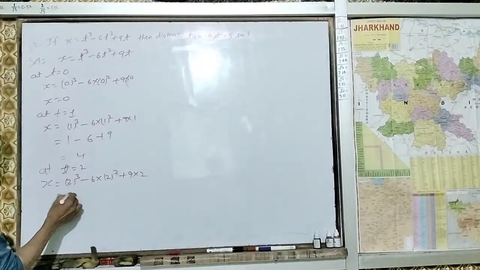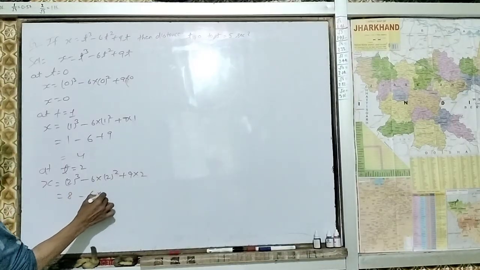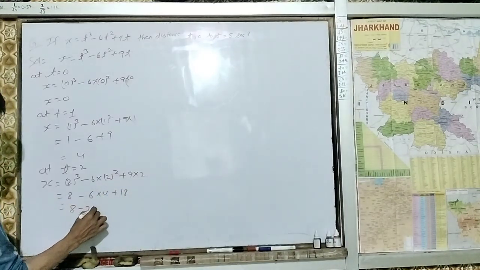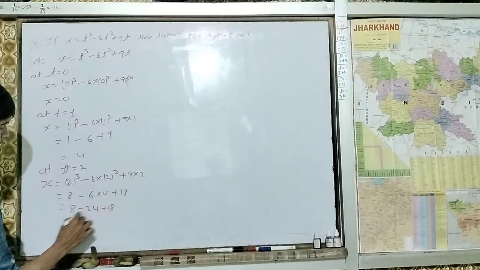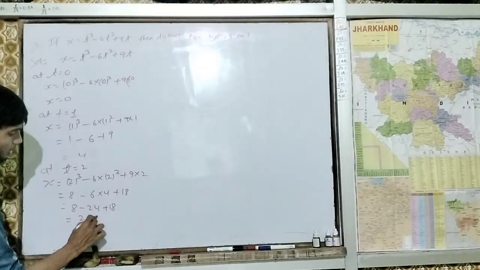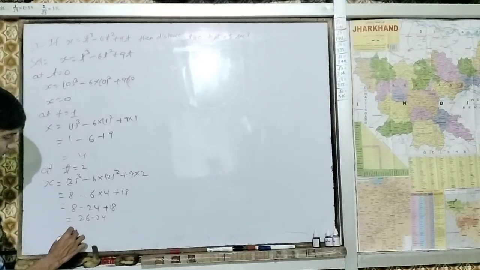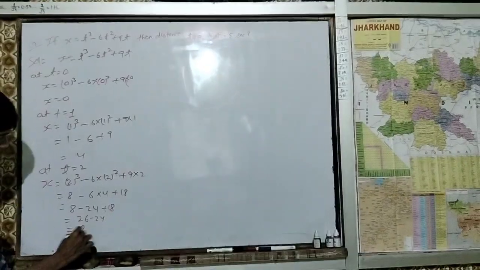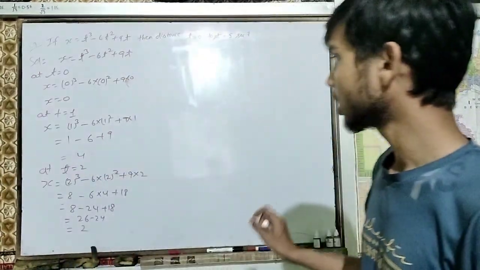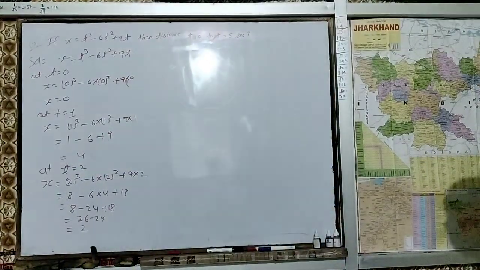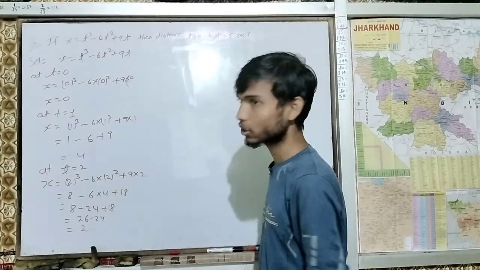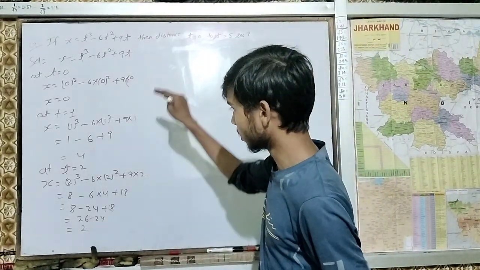So it's nothing but 8 minus 6 multiplied by 4 plus 18, that is 8 minus 24 plus 18. 26 minus 24 came as 2. x is 2 where time is 2. Both are the same. We will visualize this answer, don't worry. First of all, let's complete this series.